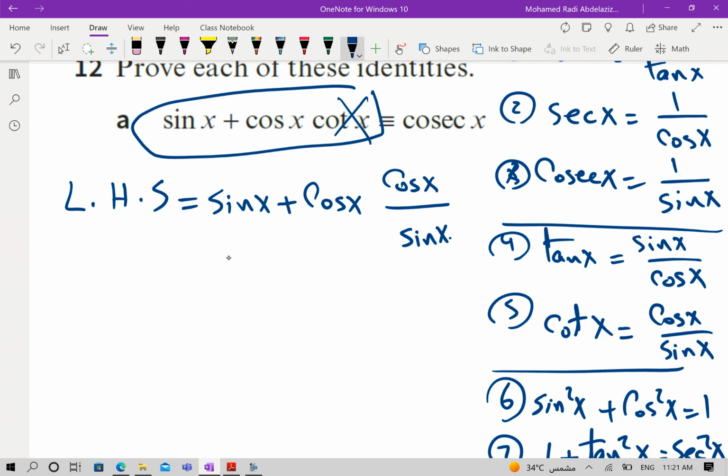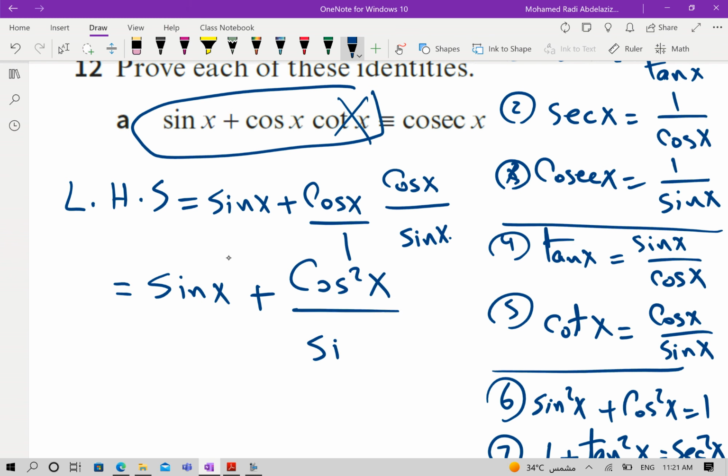This is the first step. Remove cotan and write cosine over sine. Next step. Sine x plus, you can write it as a fraction, cosine x over 1. So cosine times cosine, cosine squared x divided by what? Sine x. The next step.